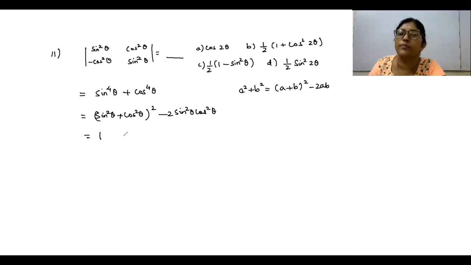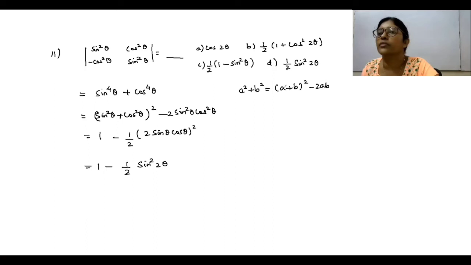This is 1, and if we need to apply the formula, we need to multiply and divide by 2. So that makes it 1 minus half sine square 2 theta. Now we don't have any option like that, but we have one more. It is not cos 2 theta, not this.